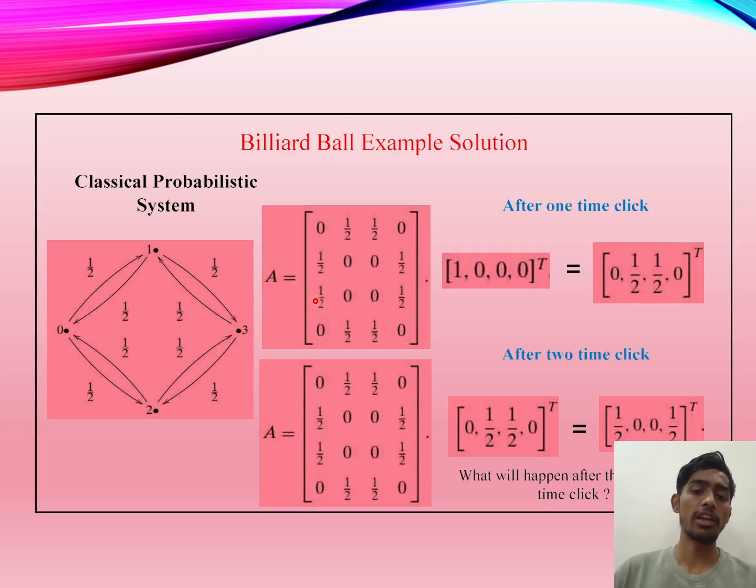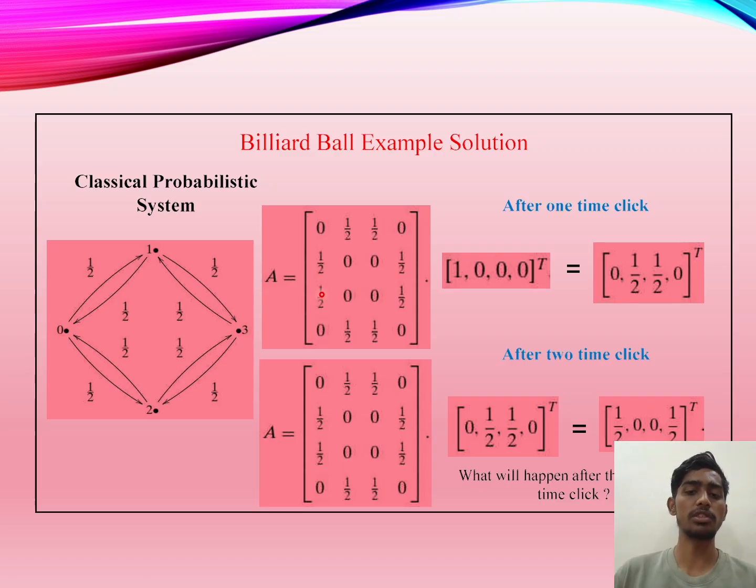Now, this position is three and this is 0. From 0 to 3 there is no pathway connecting these, so it is 0.